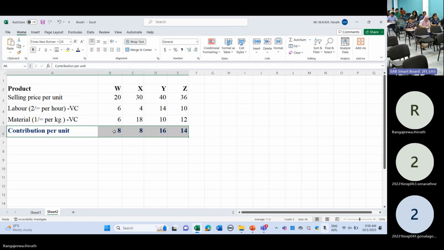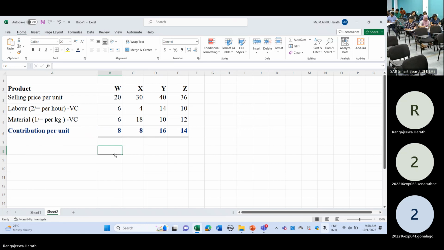So if you are given no restriction of labor or material, then the priority should be given to produce product Y, because product Y 1 unit gives you higher contribution, 60.